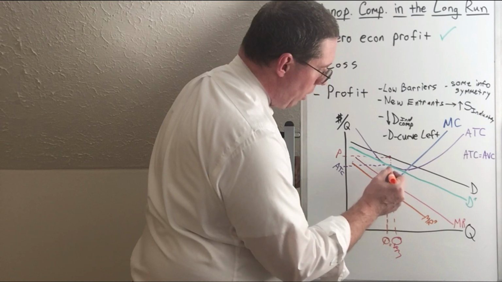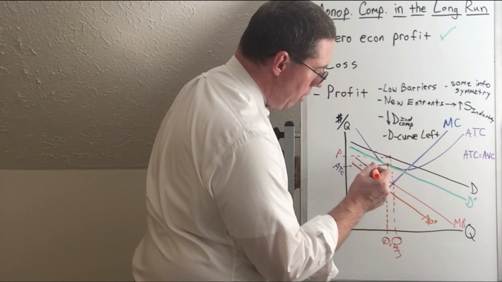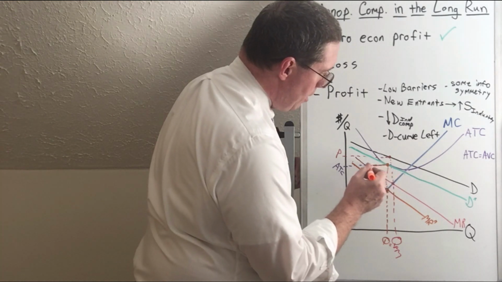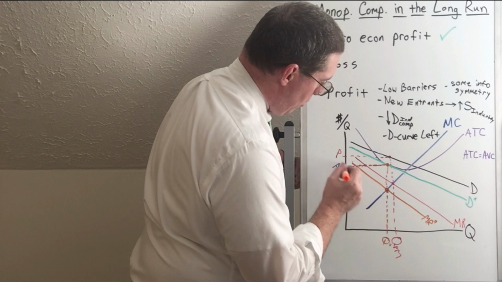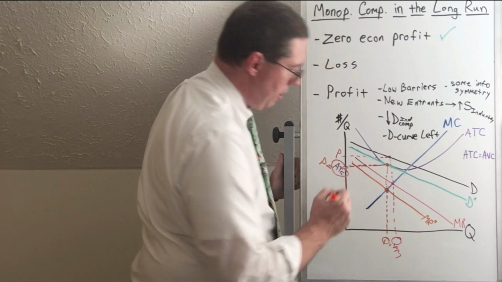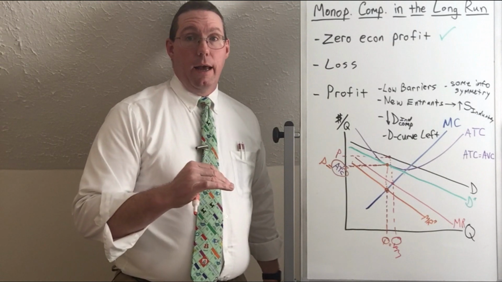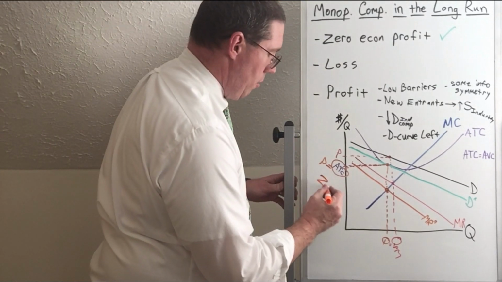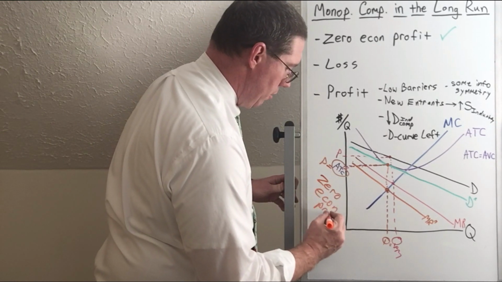And where we hit the demand curve and come over will now be equal to average total cost. And now our price is equal to average total cost, and we are now at zero economic profit. Okay?